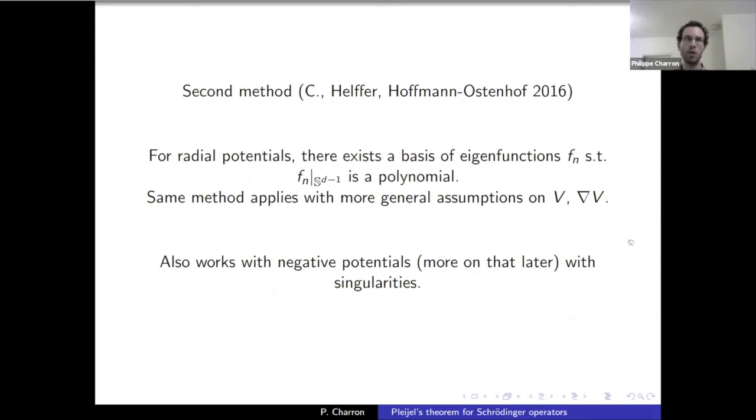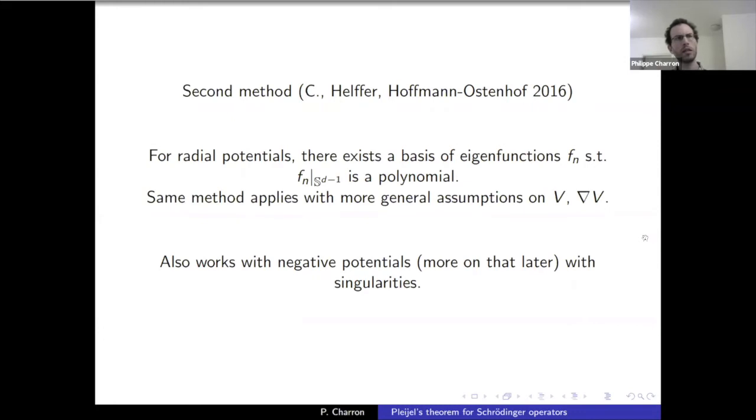If your singularity at 0 is too big, then you basically get an infinite spectrum at minus infinity, like all the eigenvalues sink to minus infinity. So it doesn't really help you. But that's the idea. You cut into the spheres and you look at intersections.